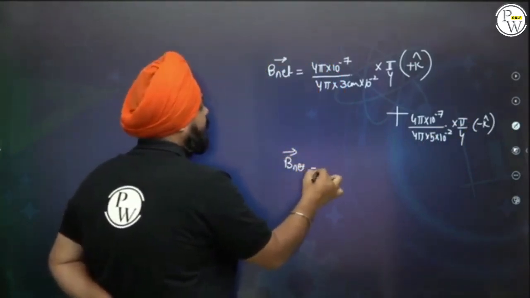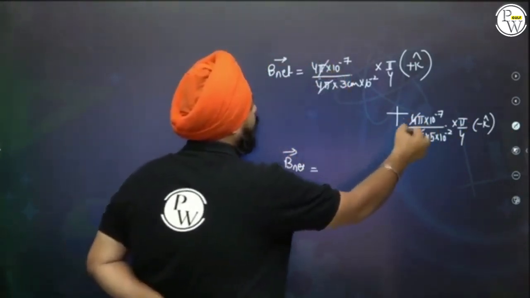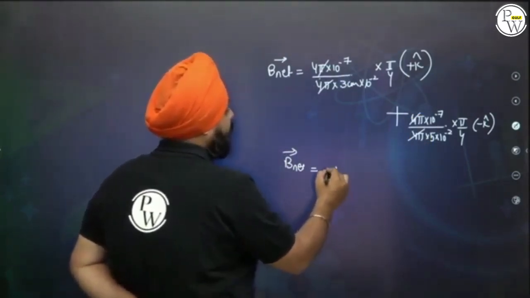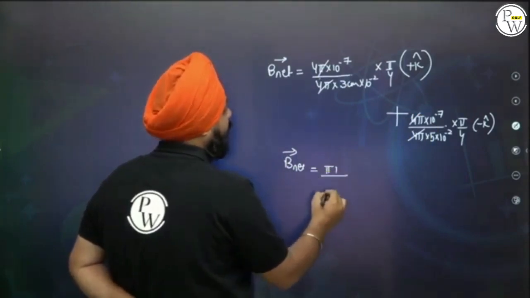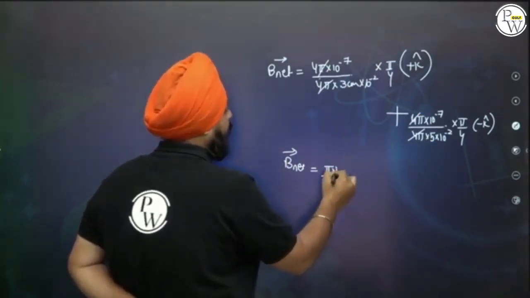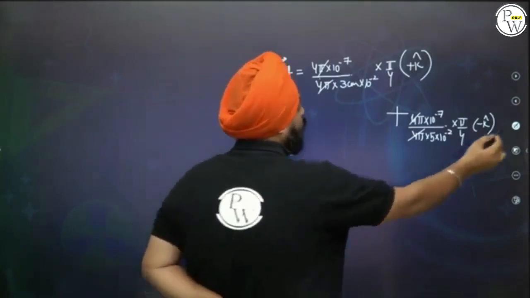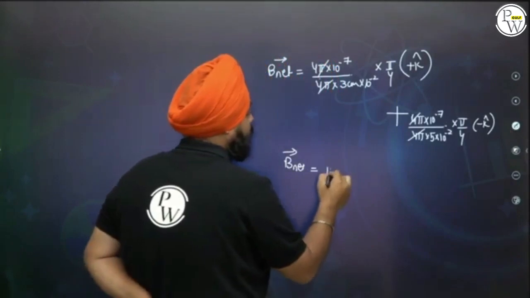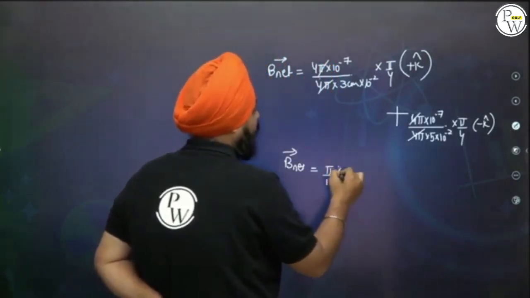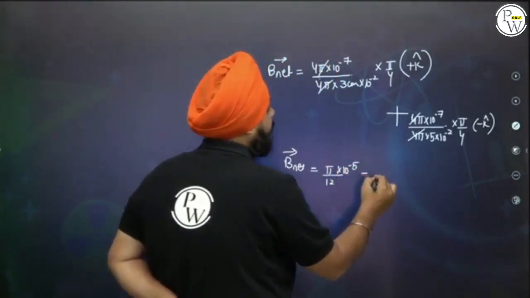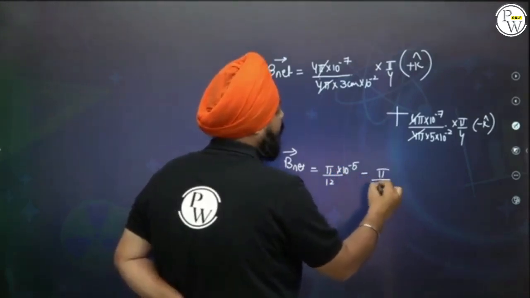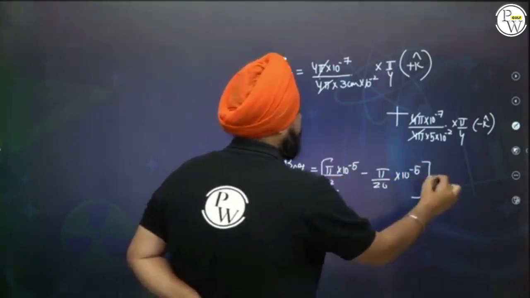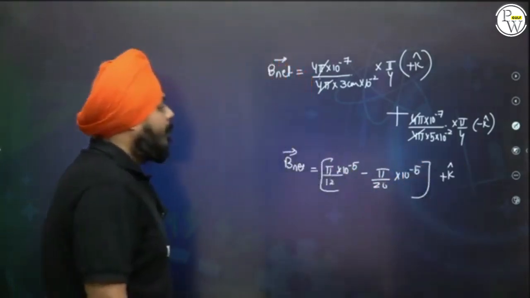The 4 pi cancels, so it is pi by 12 into 10 to the power minus 5, minus pi by 20 into 10 to the power minus 5, in the direction of plus k.